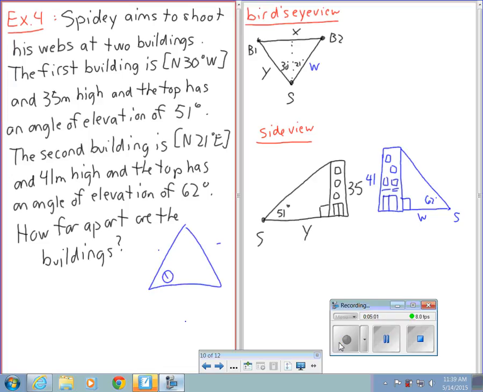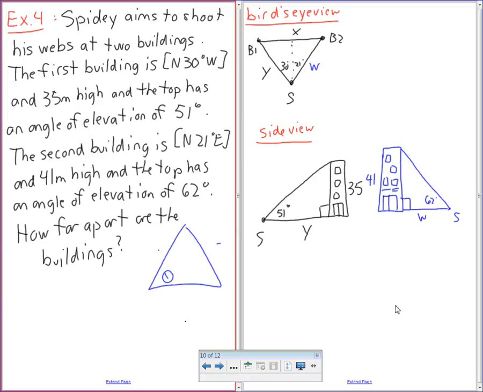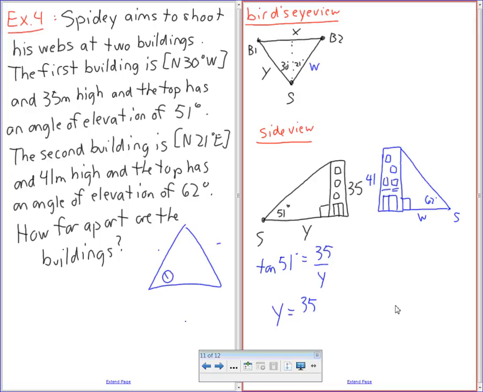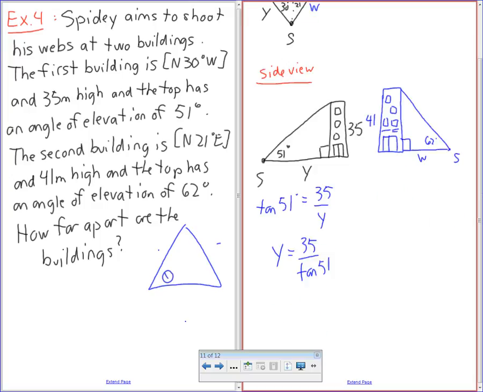So, let's finish this question, I'll do it very quickly. I'm going to say that tan of 51 degrees is 35 over y. So y is 35 over tan 51. So y equals, I can't do that in my head. What does that equal? 8.3, thank you.